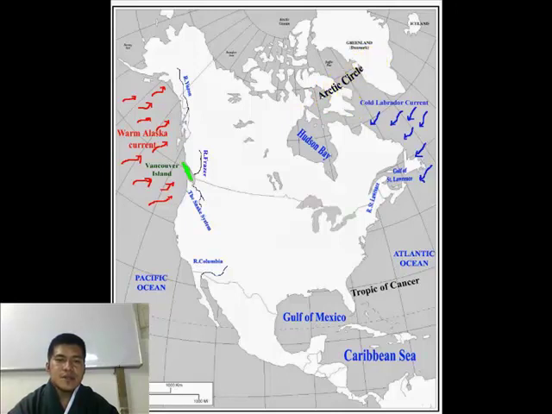So above this, till the polar regions is North America.